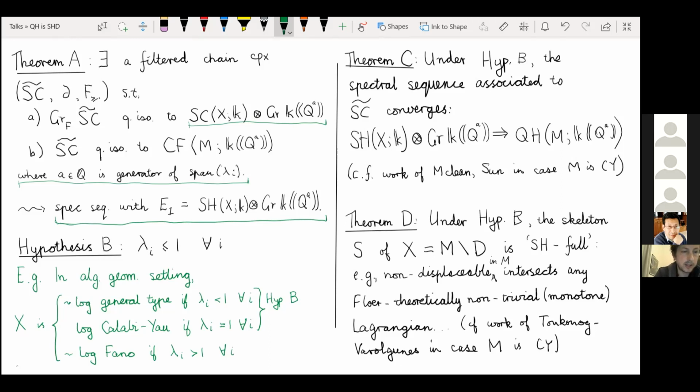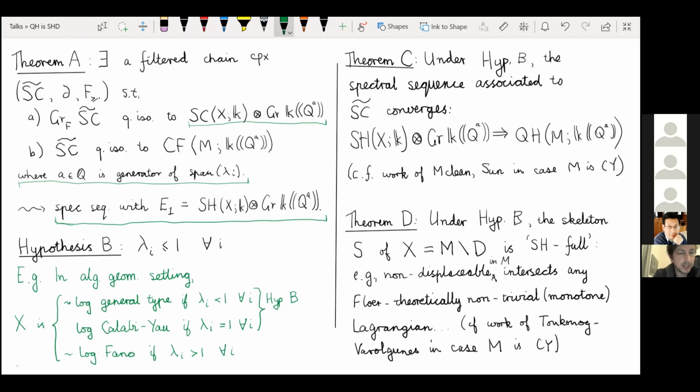And that hypothesis is that lambda I is at most 1 for all I, these weights in our anti-canonical divisor supported on D. So this is very closely related to the notion of log Kodaira dimension.